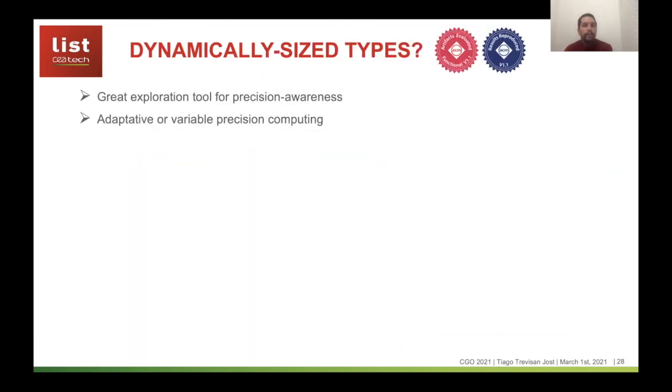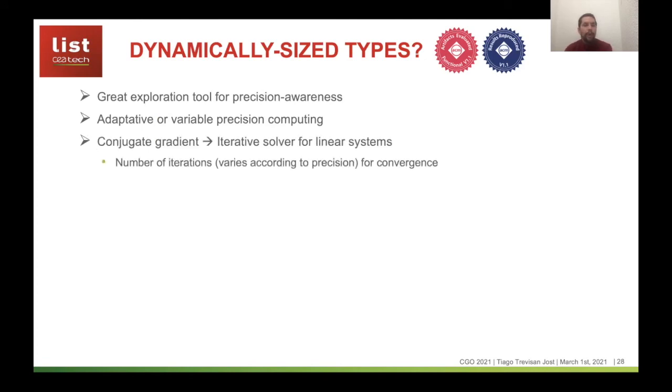Our last experiment consisted of a great exploration tool for precision awareness. The idea is to explore that with adaptive or variable precision computing. And we do that with the conjugate gradient algorithm, which is an iterative solver for linear systems. In this case specifically, our concern is to try to understand how the number of iterations varies according to the precision that we use.